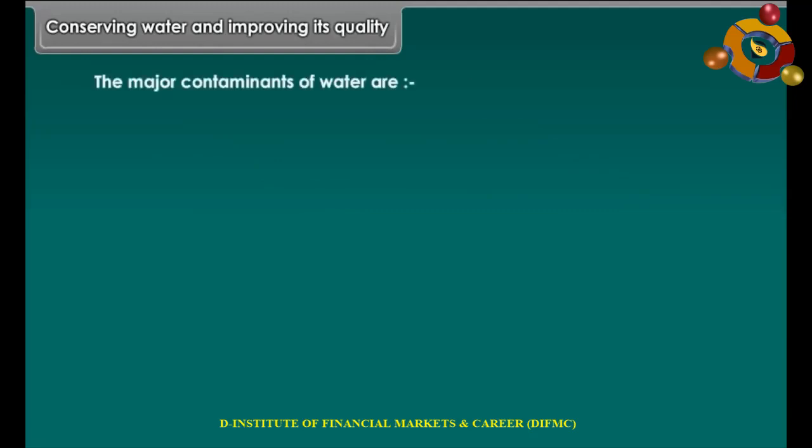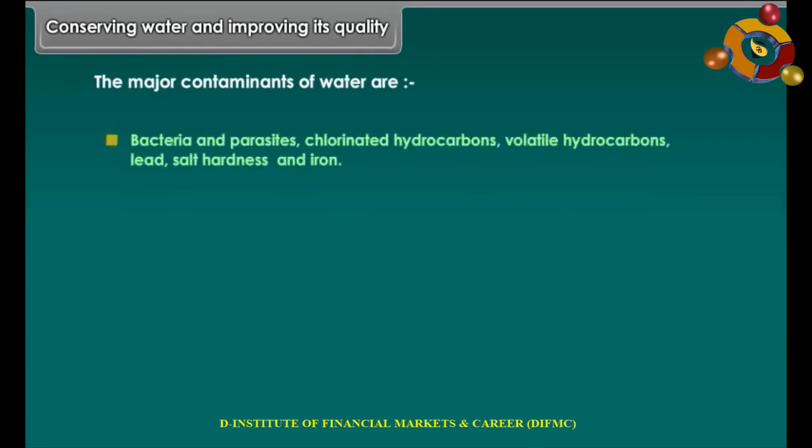The major contaminants of water are bacteria and parasites, chlorinated hydrocarbons, volatile hydrocarbons, lead, salt hardness, and iron.